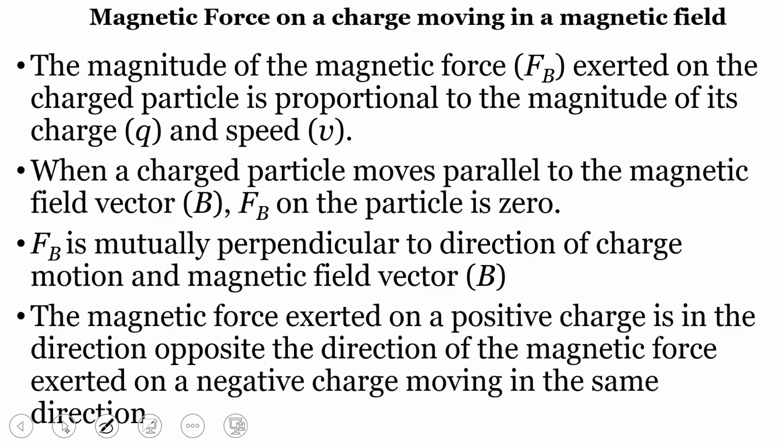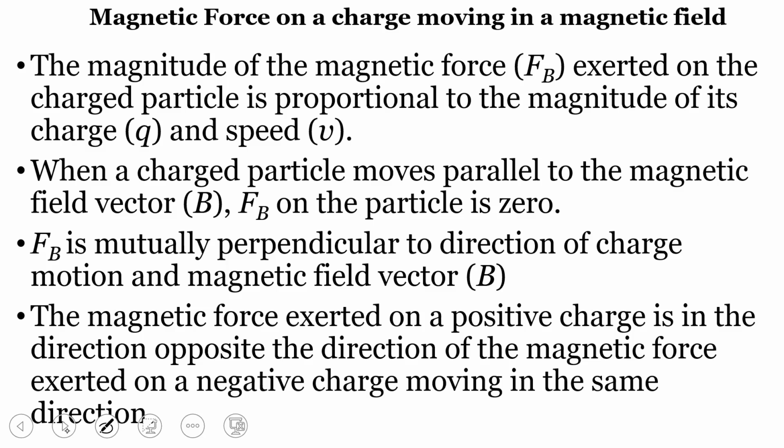So when a charged particle moves parallel to the magnetic field vector B, then F_B on the particle is 0. What this is telling us is, assuming we have a magnetic field set up here, let's say we have this magnet where you have the North Pole here and the South Pole beneath it, in which the magnetic field is pointing from the North Pole downwards to the South Pole.